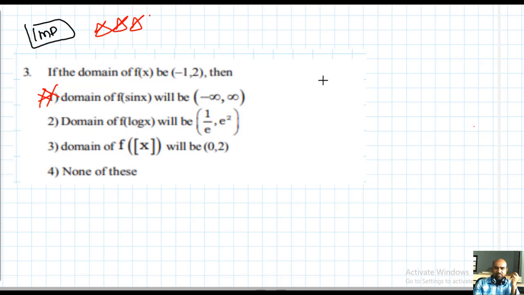Next problem. Domain of f of x is open minus 1 to 2.